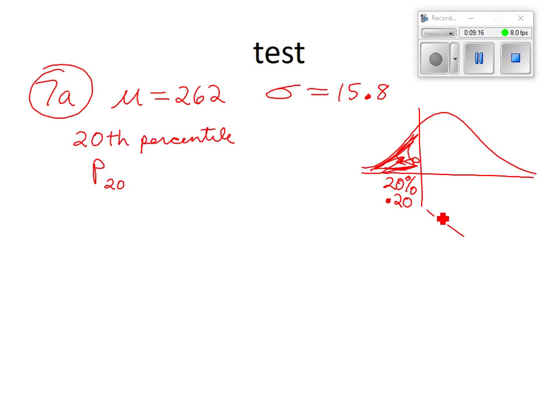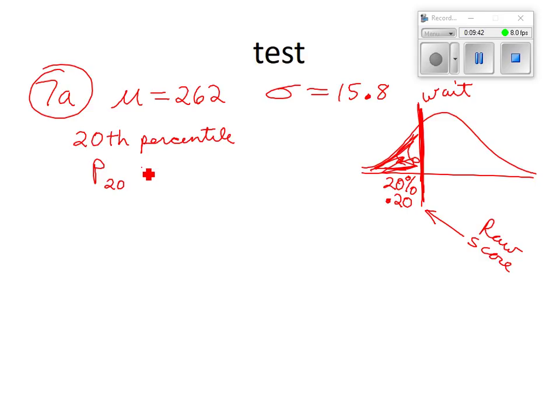We're trying to find that score right there. And it's actually, instead of a z-score this time, it's a raw score. We're trying to find that raw score, trying to find out how many days is it going to take for this person, if they're at that 20th percentile, how many days did they have to wait to get their transplant?